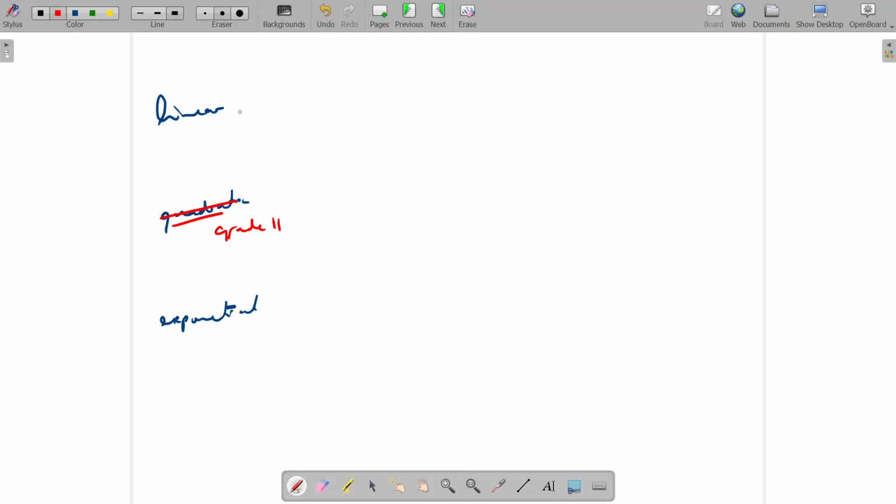For linear, we are saying that this is now called arithmetic, and for exponential, we're saying this is now called geometric. So any sequence or pattern that they now tell you is geometric, you know is actually linked to an exponential pattern, and any pattern that they label as arithmetic, you now know is a linear pattern.